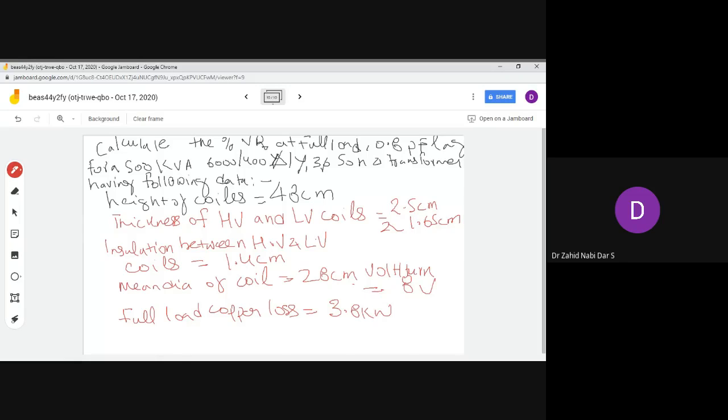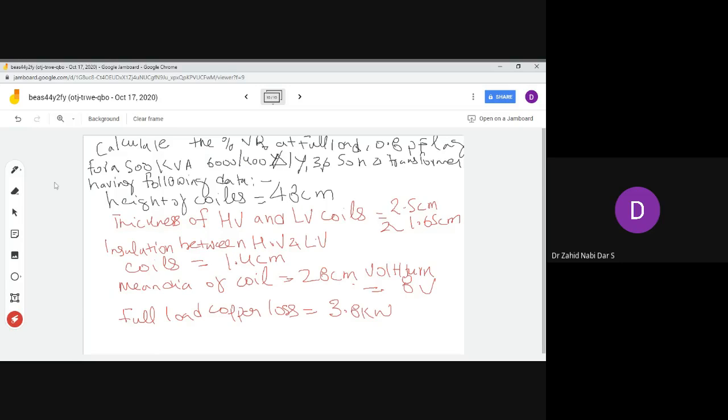So we can see that the transformer, here I'll just take the highlighter. In the primary we have 6000 volts, and in the secondary we have 400 volts. Can we calculate the number of turns?